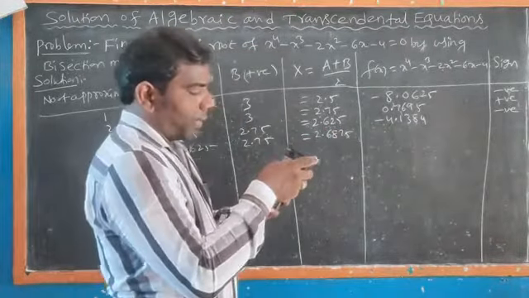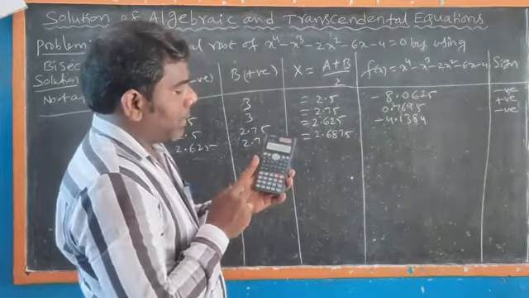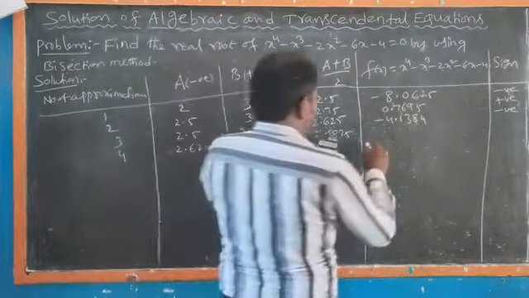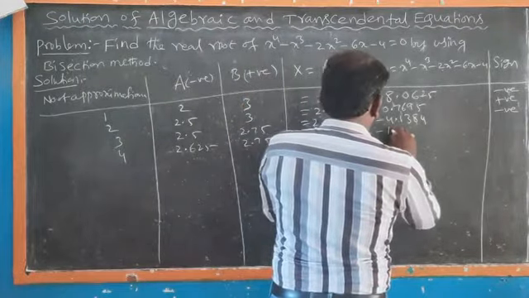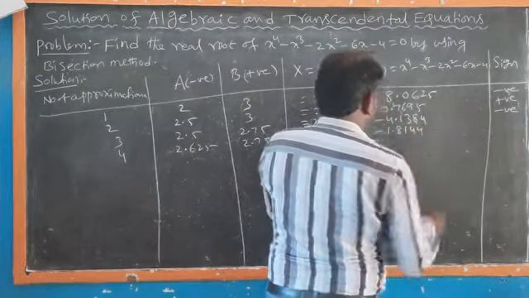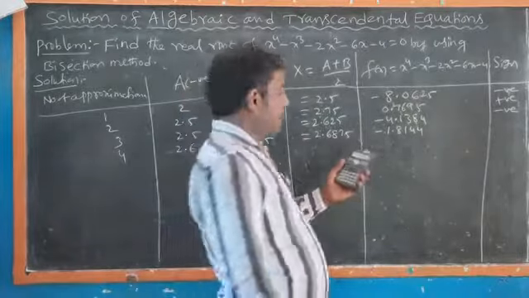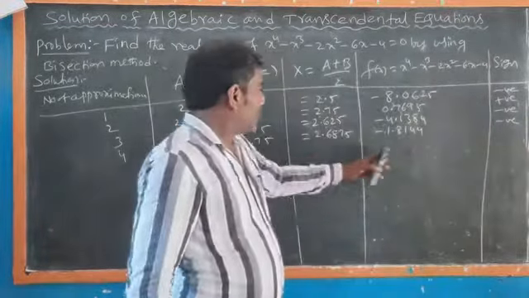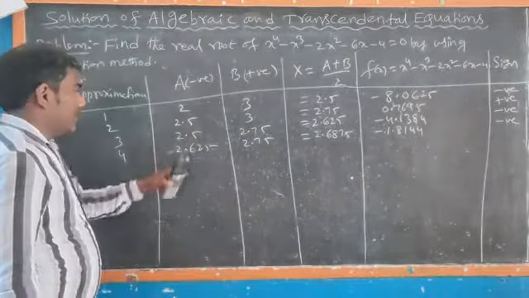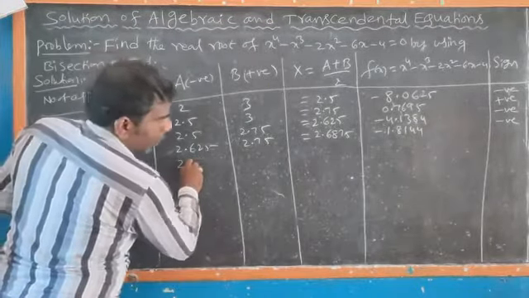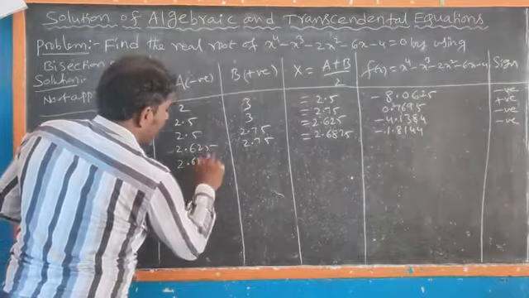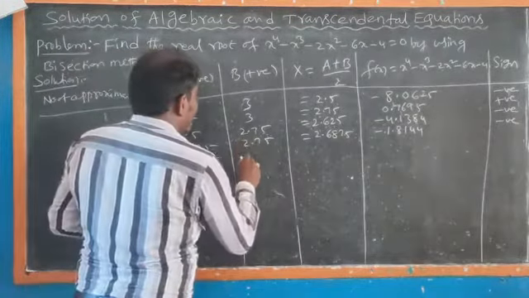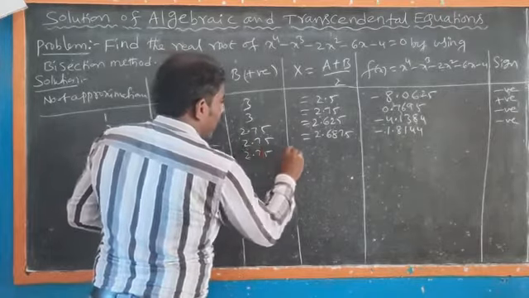Now go back, we get the equation, then substitute 2.6875, and we get the function value 1.8144. This is a negative value. Now substitute the x value in the negative value a, 2.6875. This is the fifth approximation. The b value is the same, no change.